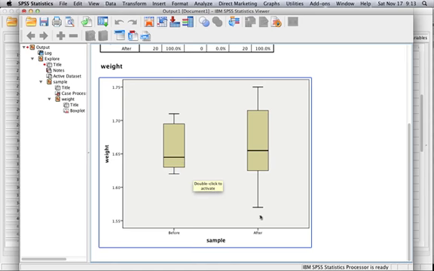Second thing to note is there are no outliers, no horrible skewness, but the other very significant or important thing to notice is that the variances have changed. Before the intervention, we were much more consistent about the amount that we were putting in every bar.